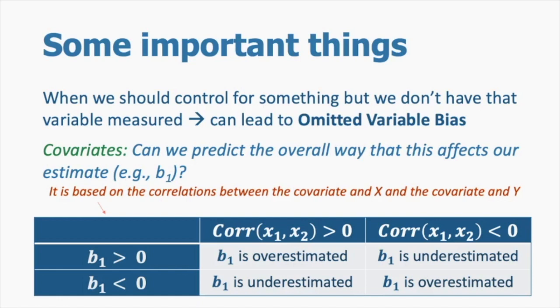I'm going to have some kind of shortcuts for you to think about this. We'll talk about that more in the in-class discussion, but you can think of it as if your slope is positive and the correlation is positive, a positive times a positive is a positive. So the bias is positive. You're biased in the positive direction. It's overestimated. When your slope is positive, but the correlation between the two is negative, then your slope is underestimated.